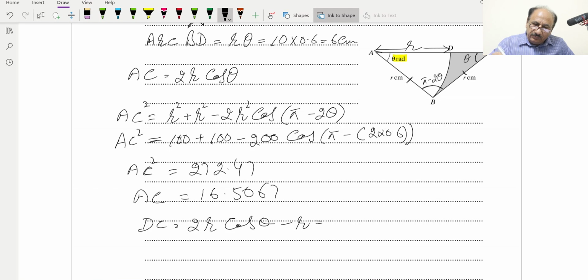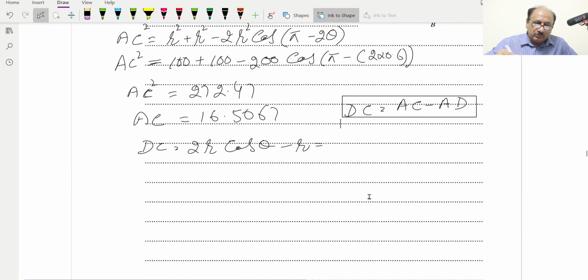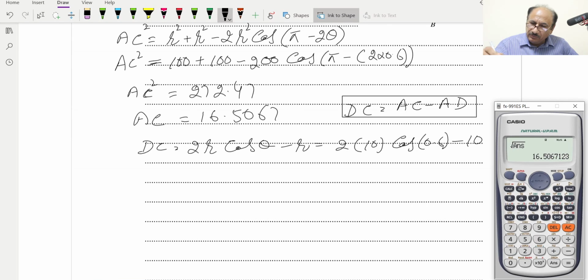So we can understand DC is equal to AC minus AD, this is what we are using over here. So DC is equal to 2r cos theta minus r, which is equal to 2 into r value 10 and cos of theta 0.6, minus 10, and this can be simplified.